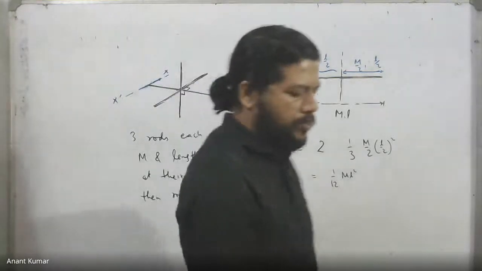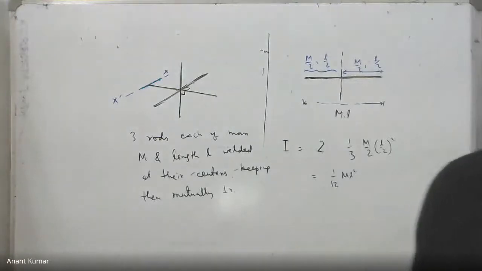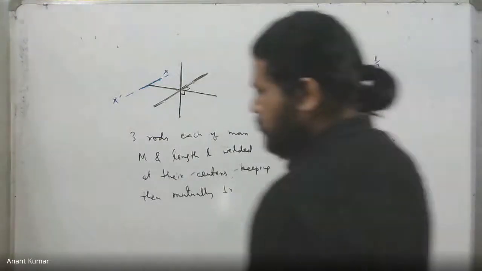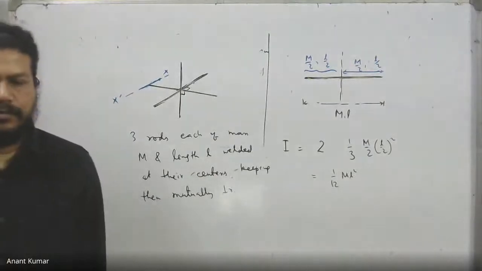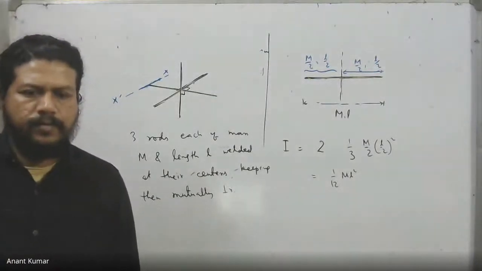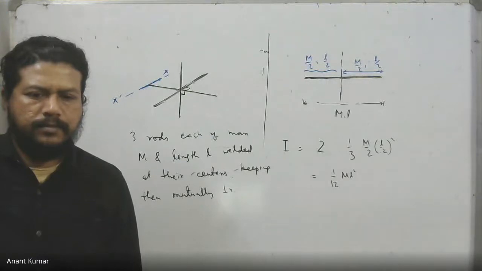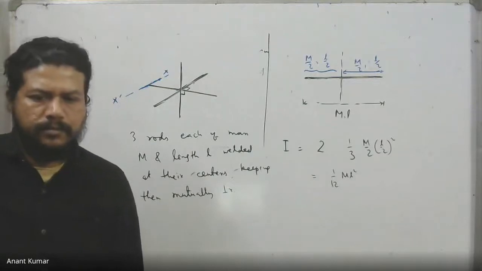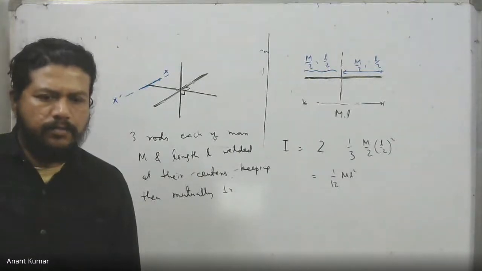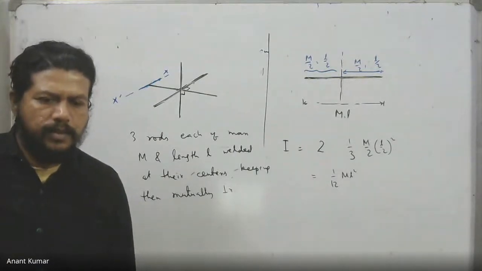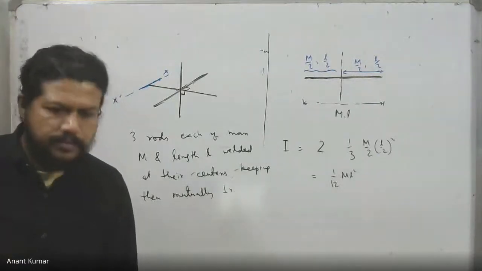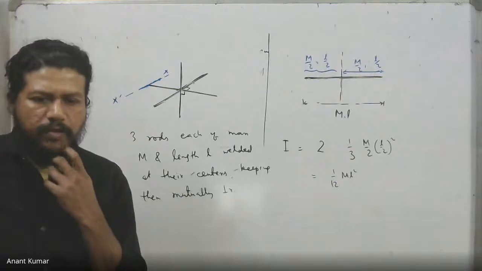No, Vrita, it's not ml square. Five by 3, no. 5 by 12, no. 7 by 12, no. So far, none of them.